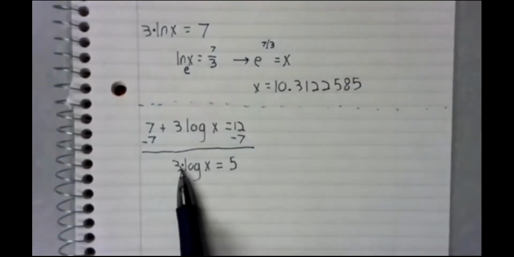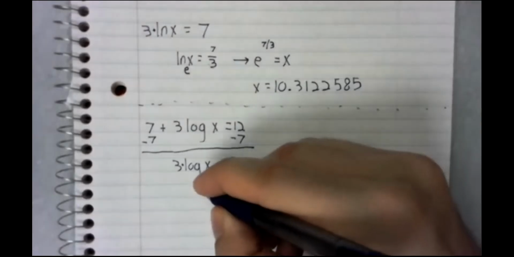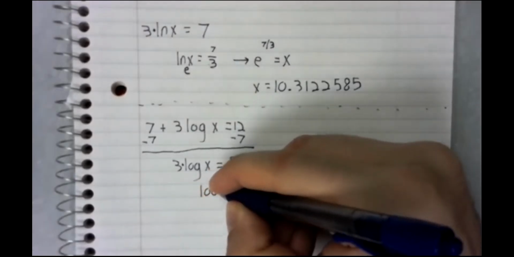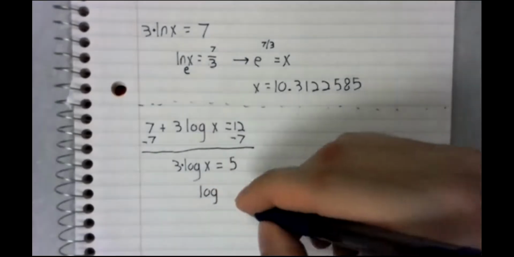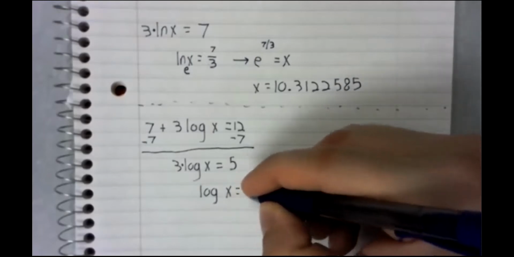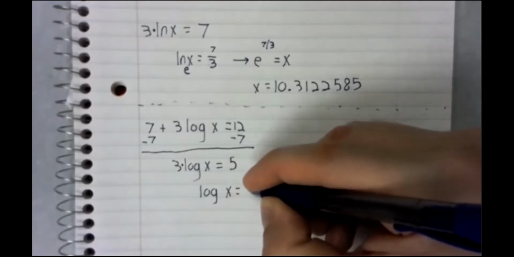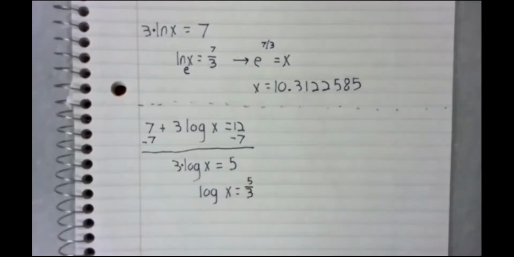And now we have multiplication. And multiplication is undone via division.